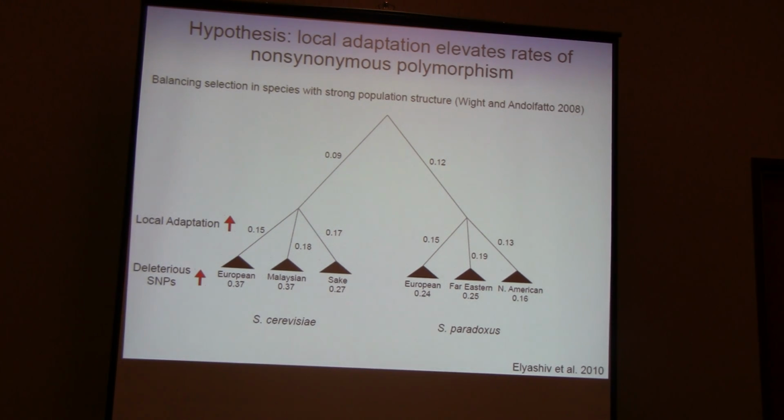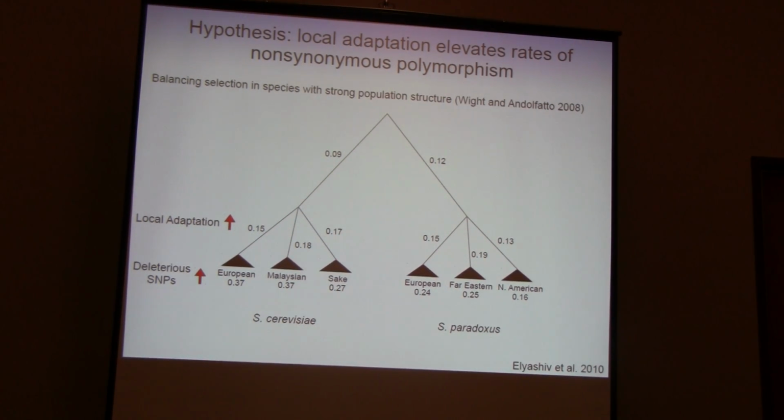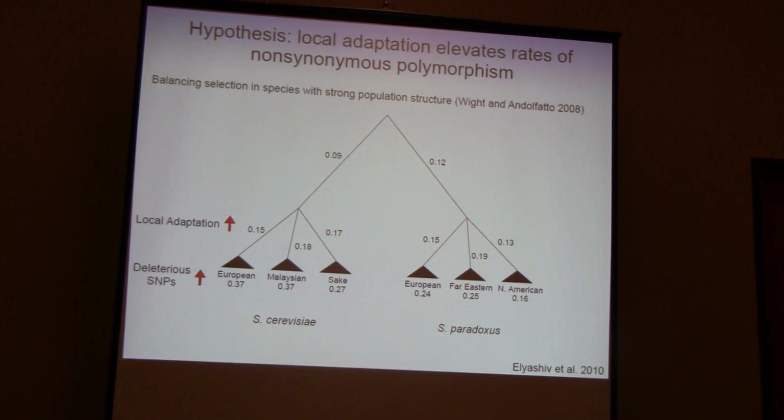Both of these species also show no evidence of positive selection between species, and so maybe this population structure facilitating local adaptation or some form of balancing selection could be one reason why a signal of positive selection between species was being obscured.